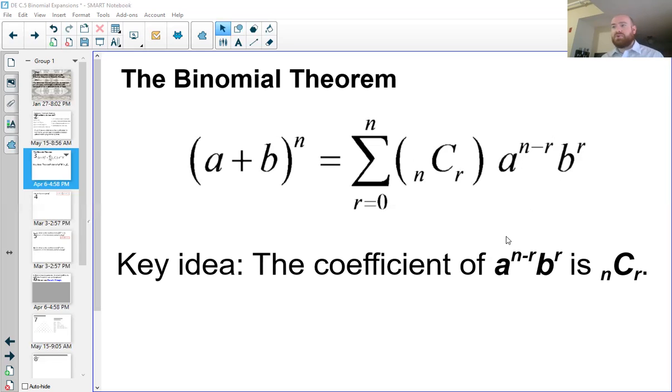And so we'll see in a few examples how this works out. The key idea, however, is that the coefficient of a to the power of n minus r times b to the power of r is n choose r. That's really the crux of this theorem.